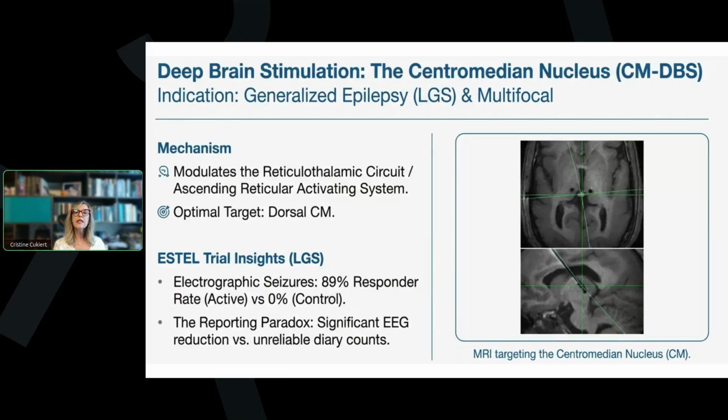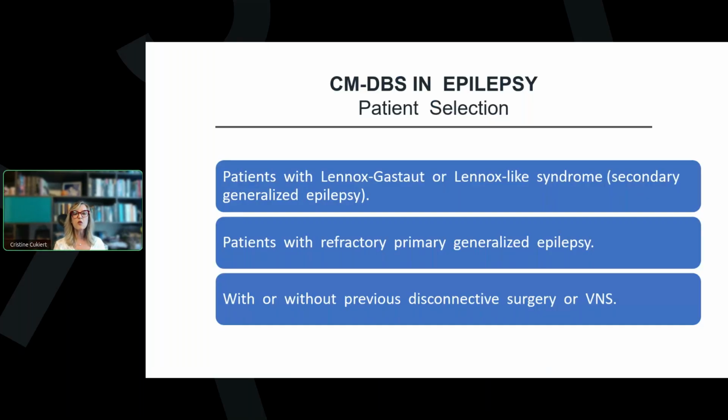And so for CM-DBS in epilepsy, the patients are those with Lennox-Gastaut, or what we call Lennox-like syndrome, a secondary generalized epilepsy, patients with refractory primary generalized epilepsy, or patients with or without previous disconnective surgery or VNS.